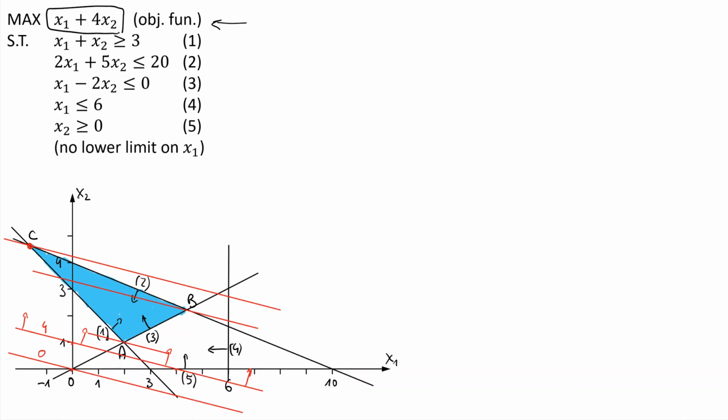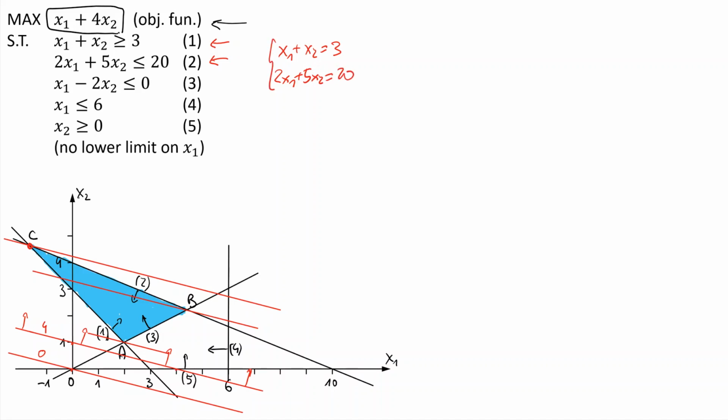Point C is an intersection of constraints 1 and 2. So I need to focus on constraints 1 and 2, turn them into equalities. So it will be x1 plus x2 equals 3, and 2x1 plus 5x2 equals 20. And I need to solve this set of equations.